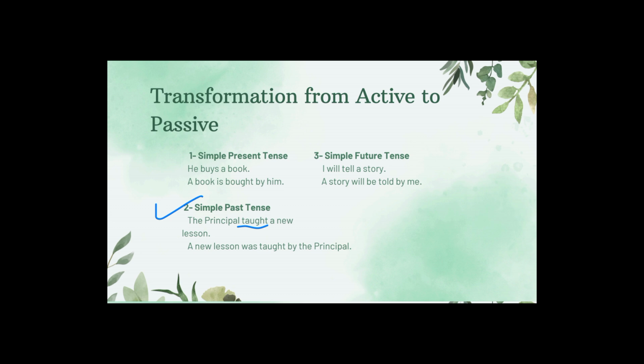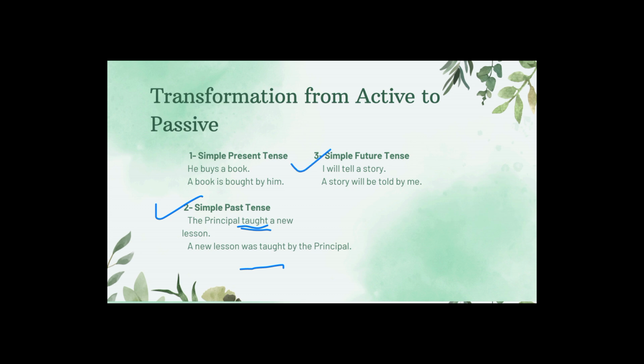It will be changed in the same way in all the tenses, whatever the tense. The only thing you need to notice is how you transform from active to passive voice and how you change the tenses. So here, this is the second form of the verb in the simple past, and when you change it into passive voice, was will be added and the third form of the verb will be used.